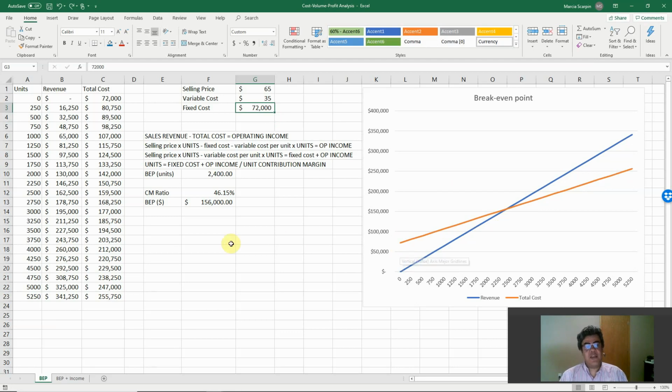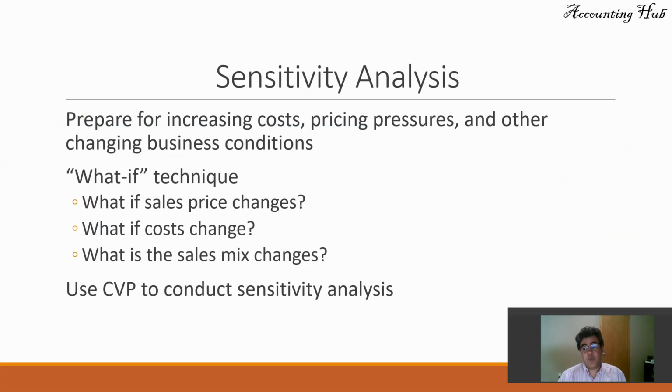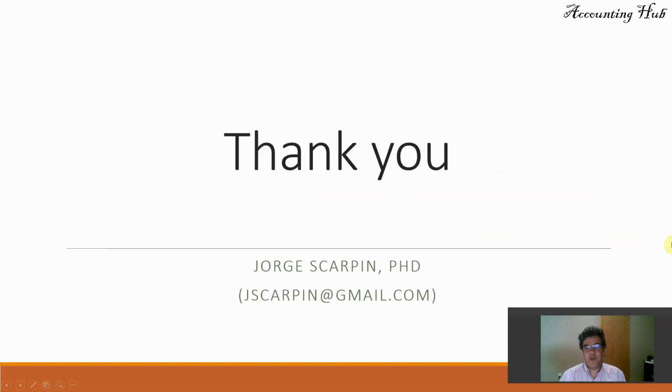If we have this Excel file here, it's quite easy to perform any sensitivity analysis. We only need to change our numbers and our graph changes automatically. So much easier if we have the right tool. And remember, this Excel file is also available for you guys.